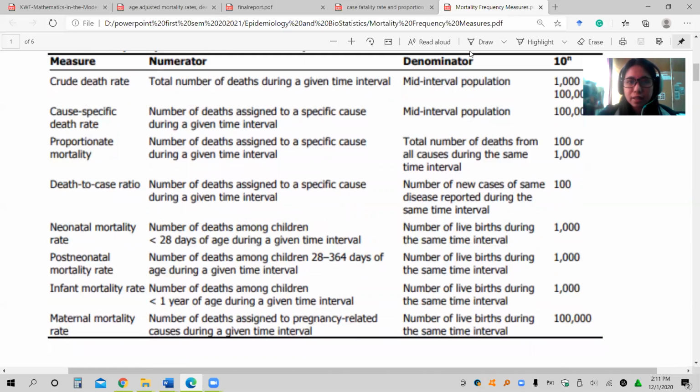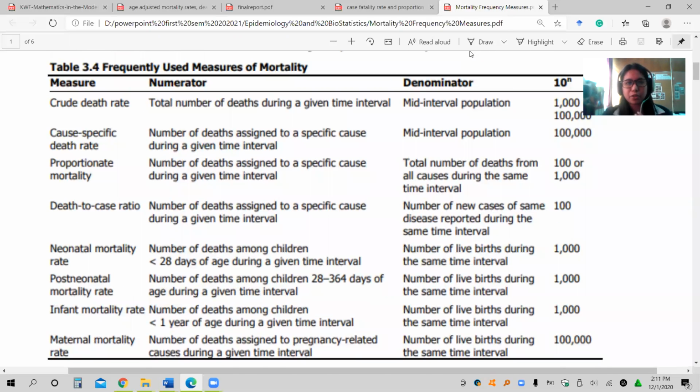So what is the difference between these measures? So as you can see here, you are provided with what are the expected values for the numerator and denominator and our 10 raised to n. So we actually have the similar formulas for all of these measures except the source of the values that we are going to divide.